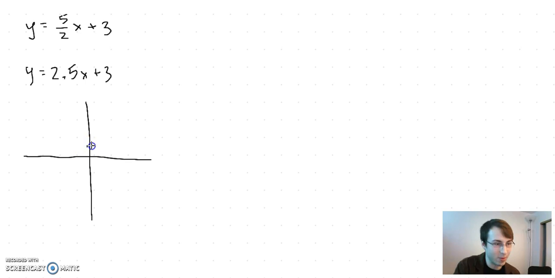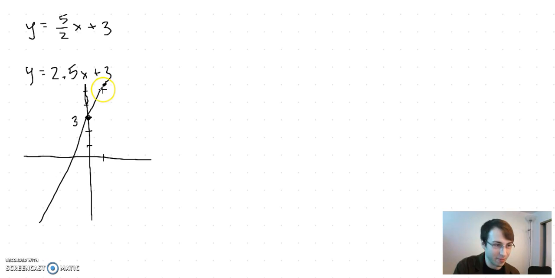Just find your y-intercept, 1, 2, 3. And every time you go over, go up 2.5. 1, 2.5. Yeah, so you can see I started running out of room over here.